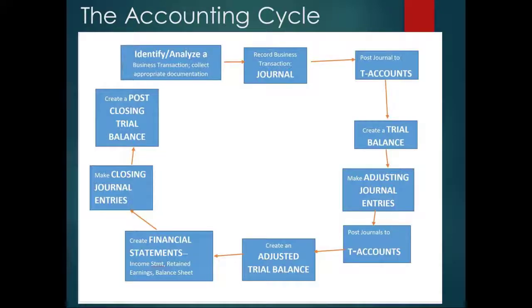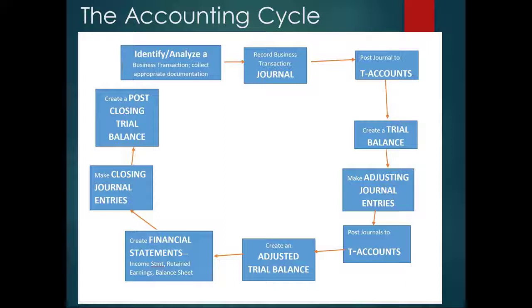This is a very detailed flowchart here, and we're going to focus on these first two boxes: identify, analyze business transactions, and collect the appropriate documentation, and then record the business transactions.